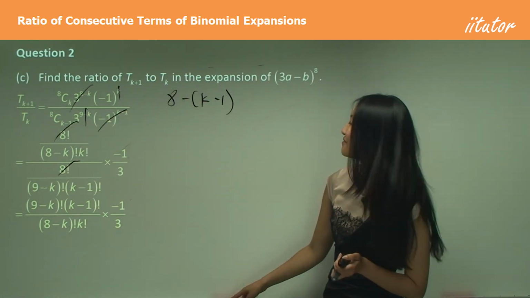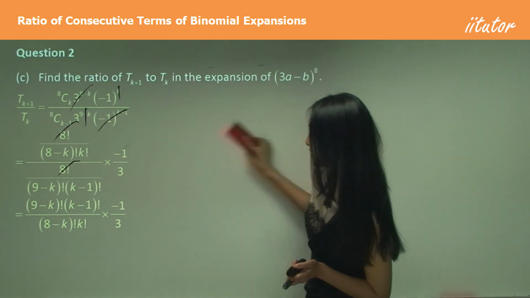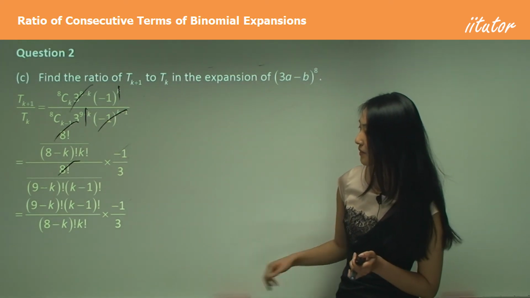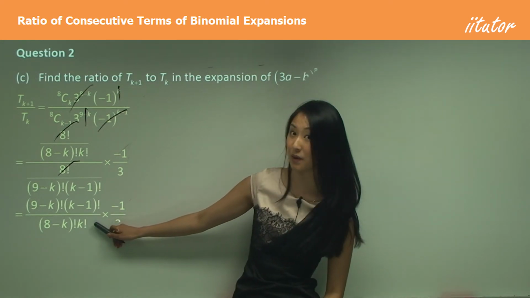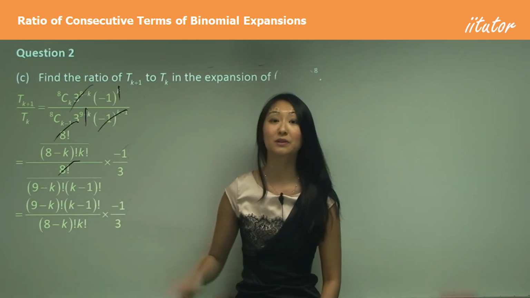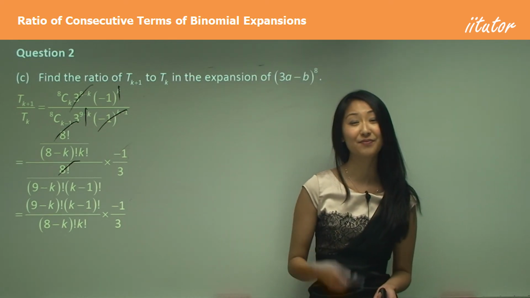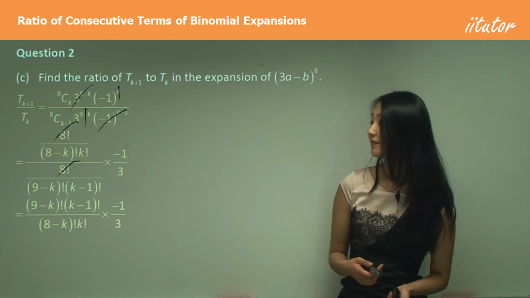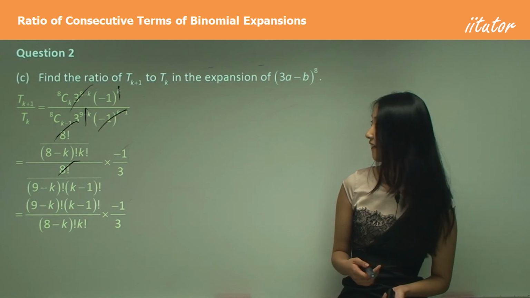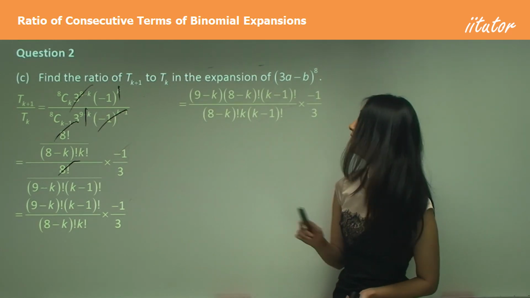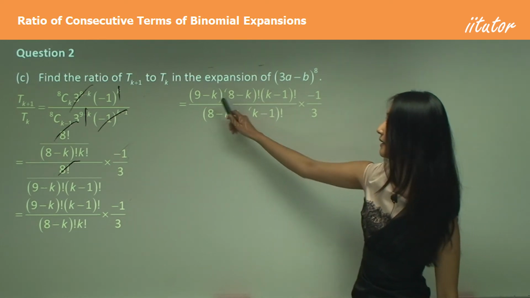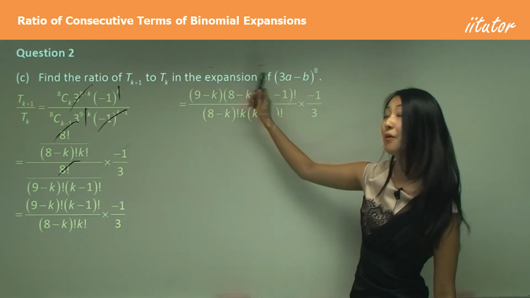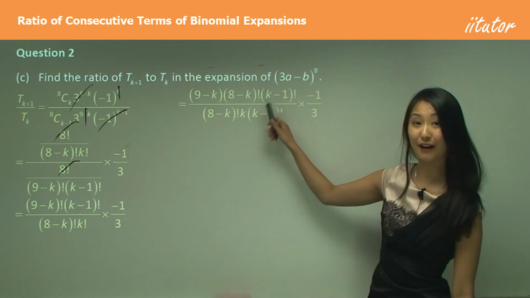And now you guys remember you need to expand your factorials, all right? So we need to cancel. So we've got to somehow make this look like (k minus 1) factorial and make that look like (8 minus k) factorial, all right? So give that a go first. So how are you guys going? Yep, good. So you're meant to make this into (k minus 1) factorial, and you expand this into (9 minus k) factorial, 1 less is (8 minus k) factorial.